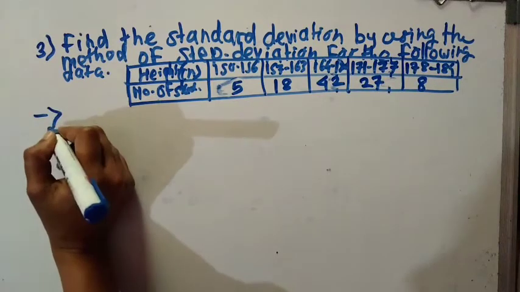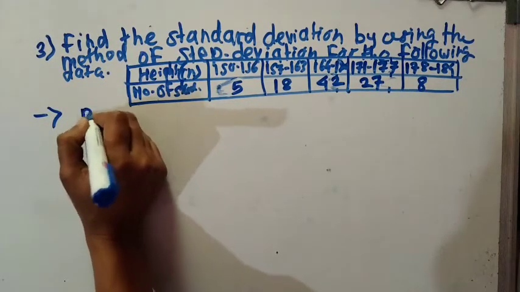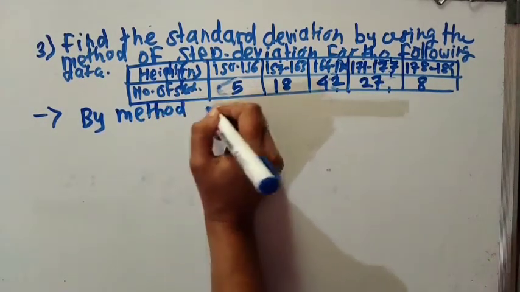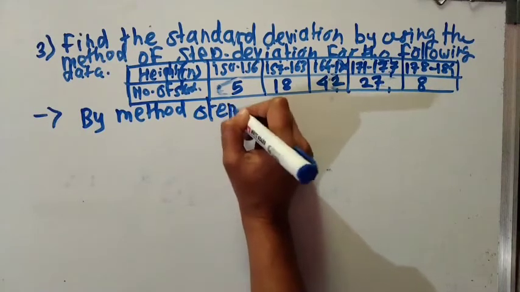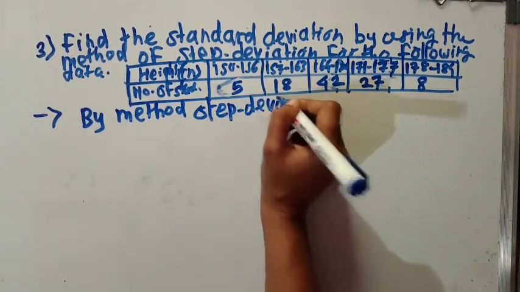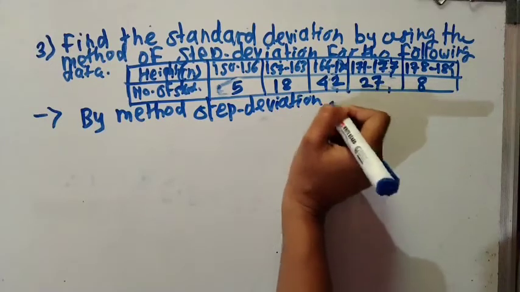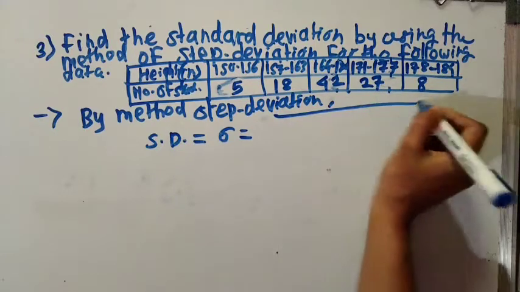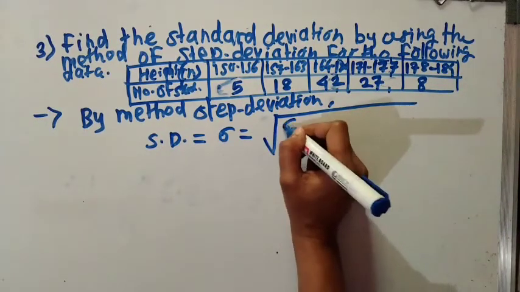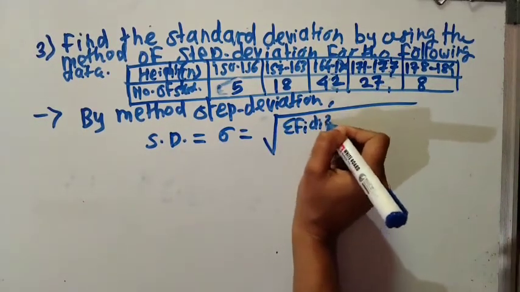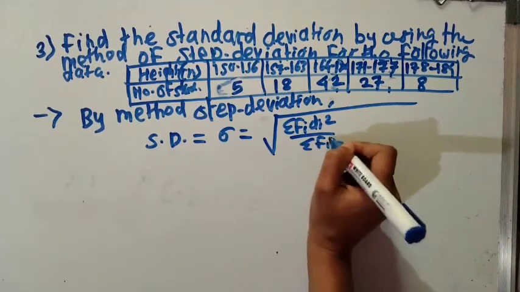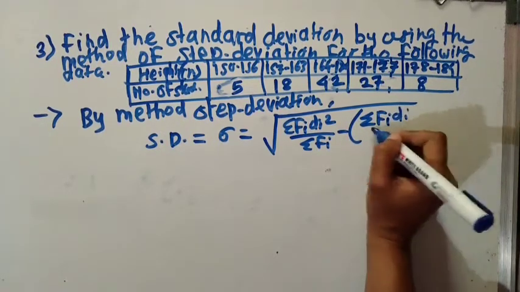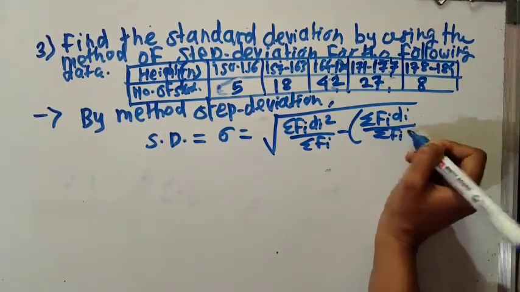So first of all, by the step deviation method, standard deviation is given by sigma equal to root of summation of fi di square upon summation of fi minus the square of summation of fi di upon summation of fi.